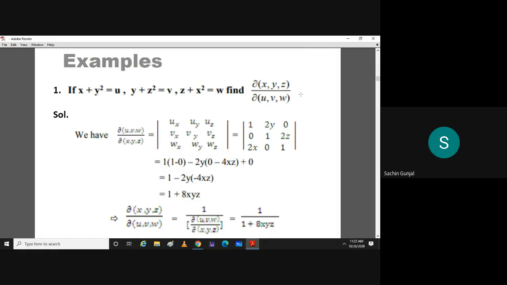So that you can differentiate x with respect to u, v, and w. So what we'll do is, let us find Jacobian of uvw with respect to xyz, and to find Jacobian of xyz with respect to uvw, we'll take the reciprocal of it.